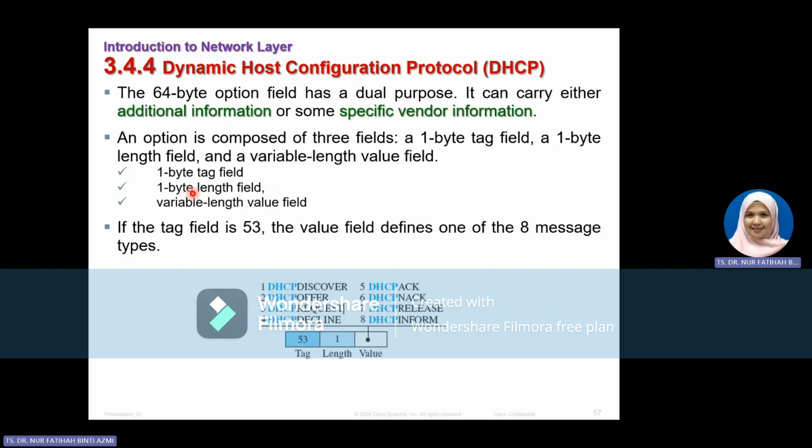Next we have the 1-byte length field, and it indicates the number of bytes in the actual data that follows in the value field. And finally we have the variable-length value field. This is where the actual configuration data or vendor-specific information is stored.